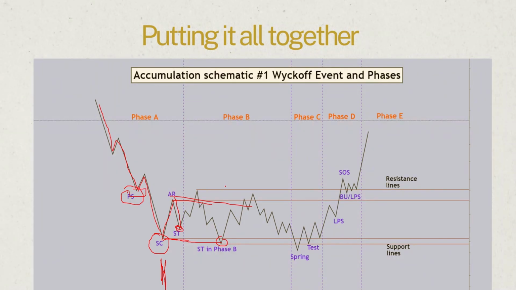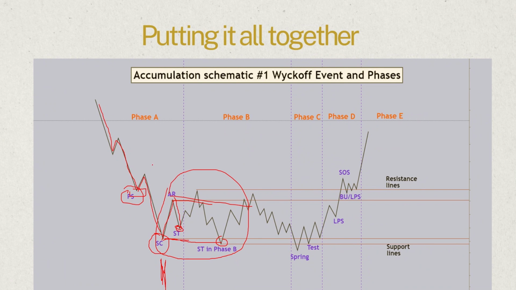Giving us another range. Like I said, we could have multiple resistance and support zones, but depending on how close it is to the selling climax, these are close.